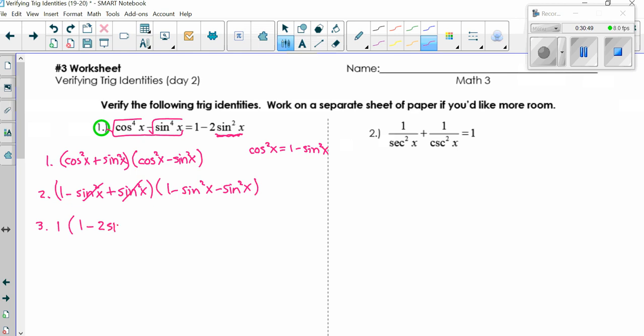And that's what I was trying to prove. So I'm going to have a 4th step here so that I know that. I'm showing that 1 times this is leaving me with 1 minus 2 sine squared x, which equals 1 minus 2 sine squared x. And I'm done. Everything else should look pretty similar to something that we've done.